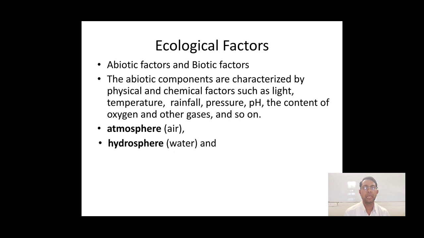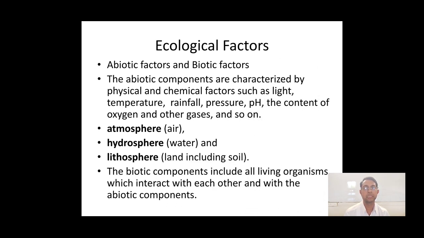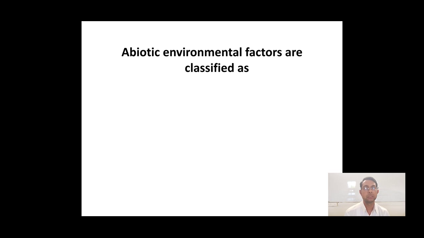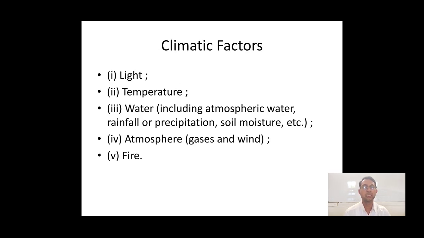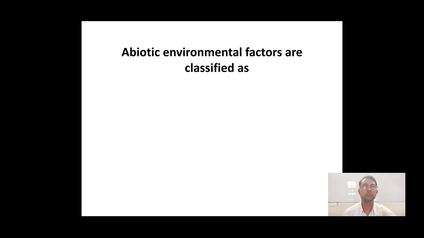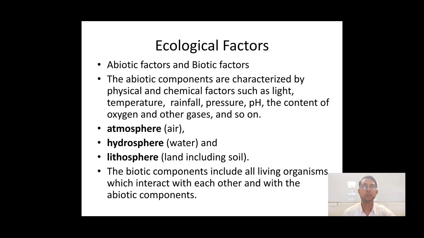Here we can say that atmosphere is there, hydrosphere is there, lithosphere is there. These are nothing but the abiotic factors. Now the biotic components include all living organisms, that is, the different organisms living on the earth.